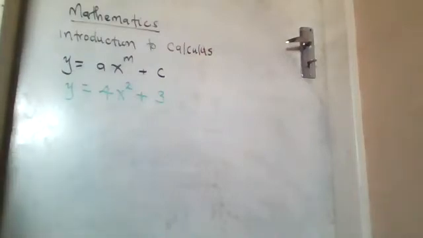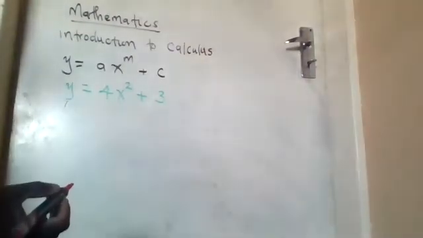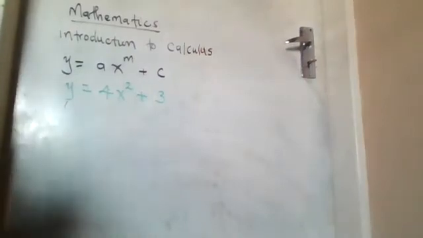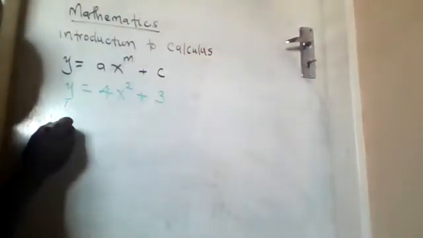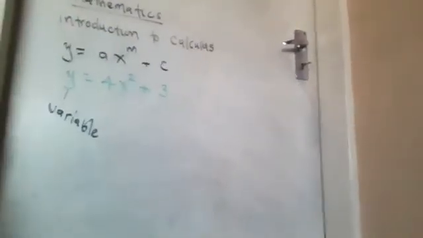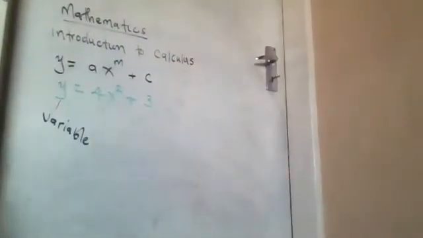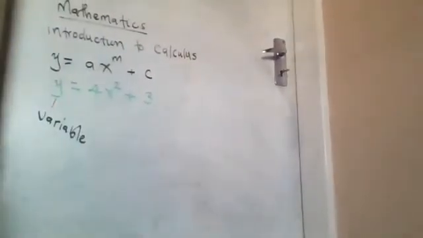Once you understand this, even as we get to integrate, as we get to differentiate, this is what will be helping us to have it done. So this y here is just a variable.